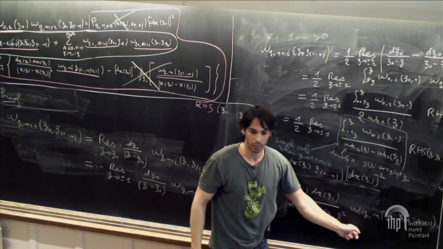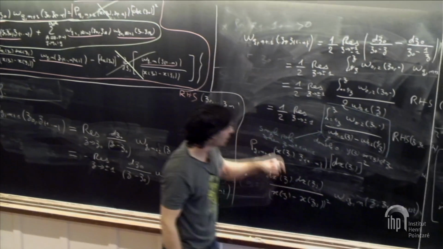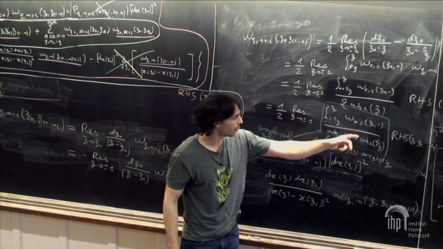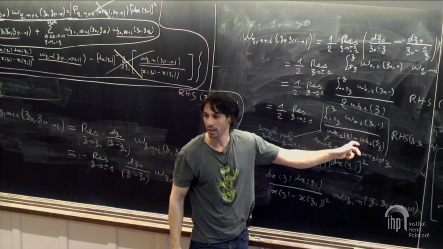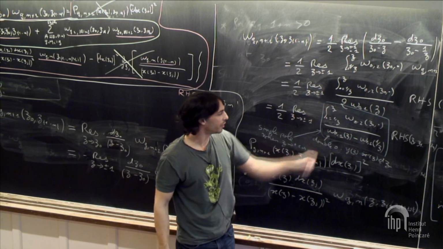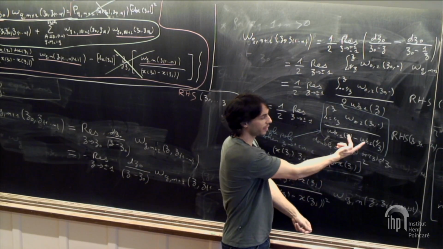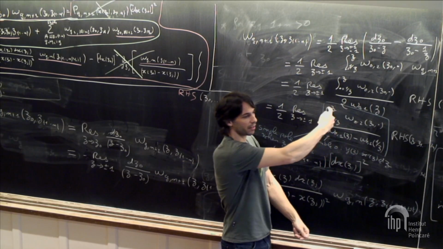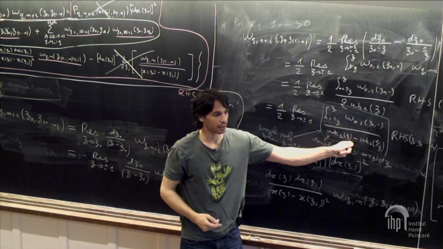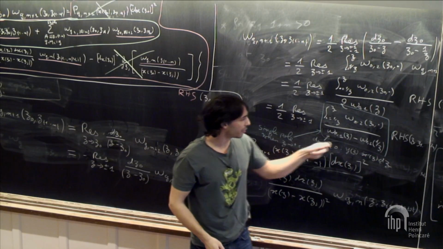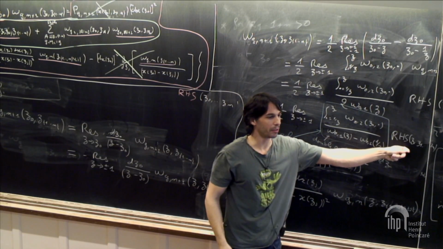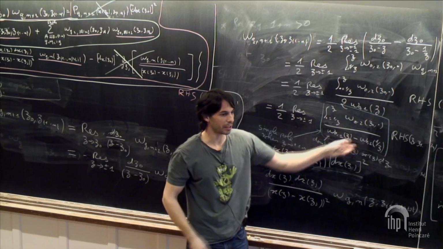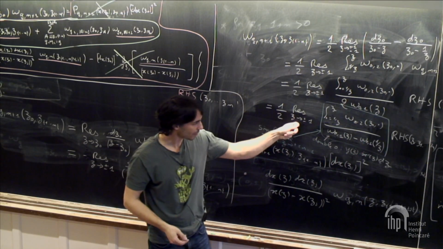So this is skew-symmetric when z goes to 1 over z. But now, how does the factor here behave? When z goes to 1 over z, this changes sign, this changes sign, so this is symmetric. So I'm computing the residue of something which is symmetric times skew-symmetric, so I've got a residue of something which is skew-symmetric under z goes to 1 over z.